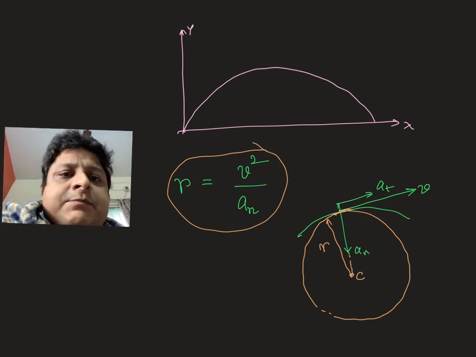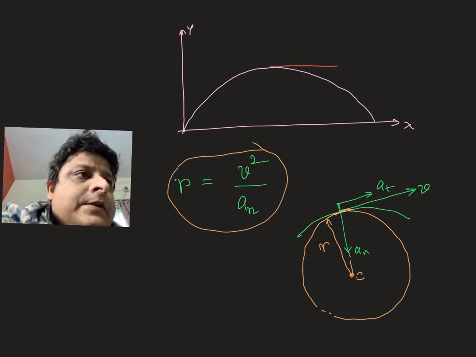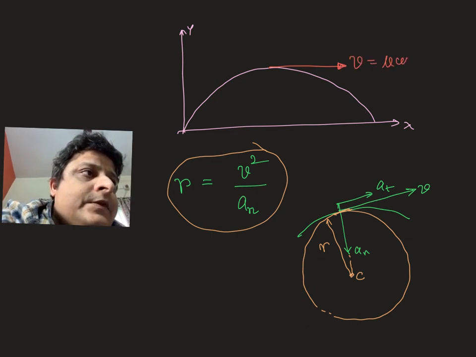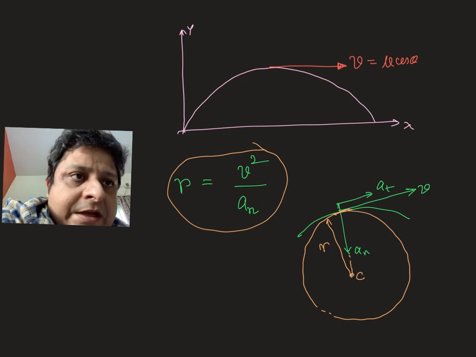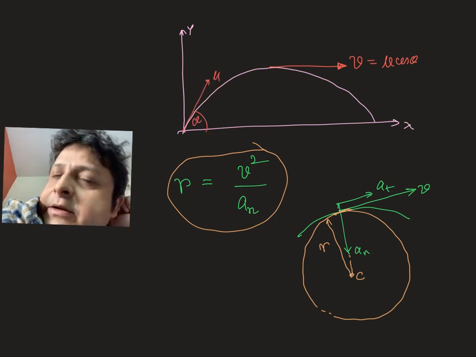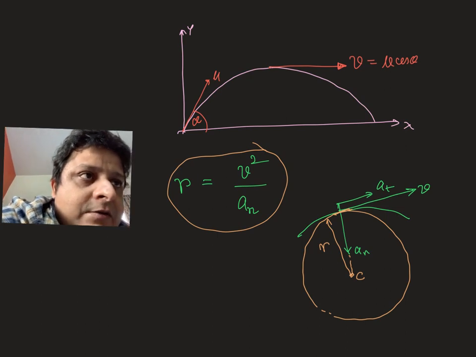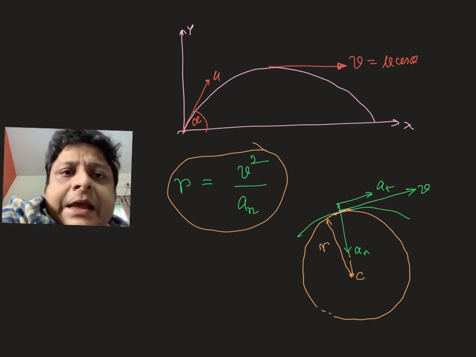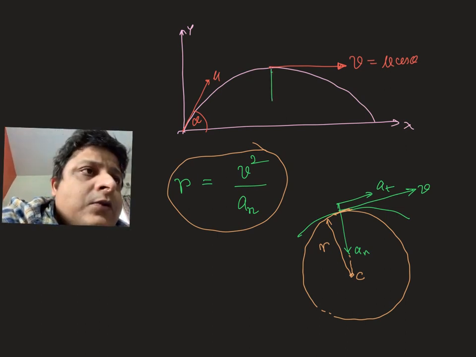At the highest point of the projectile, the speed is equal to u cos theta, because it was thrown at speed u making angle theta with the ground. The horizontal component remains, and at the highest point the vertical component is 0, and the acceleration of the particle is always g, at this point also.